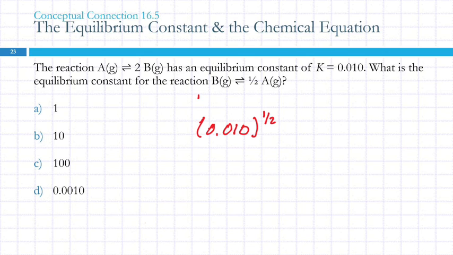So you can do that just by making the exponent negative, or you can write 1 over 0.010 to the 1/2 power. So what would be the value of either of these? They're just the same. 10. Any questions? You can do it on your calculator if you don't believe me.